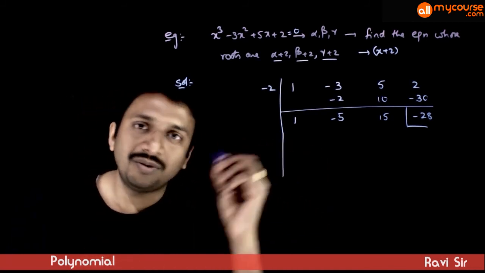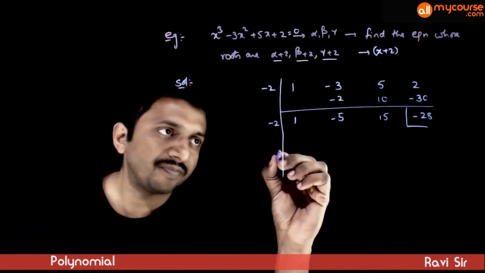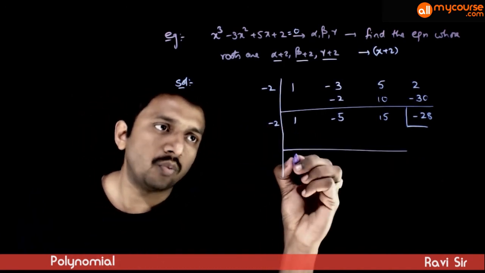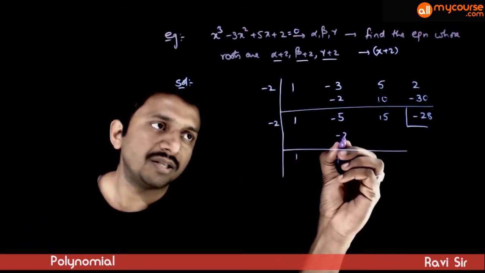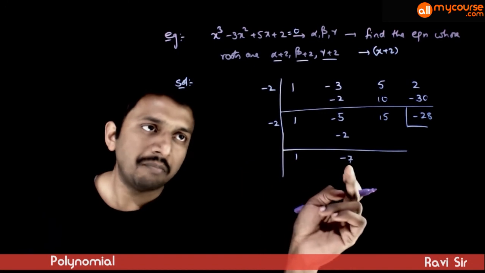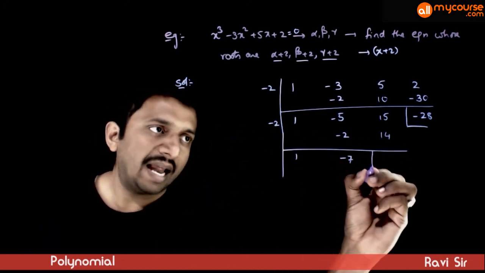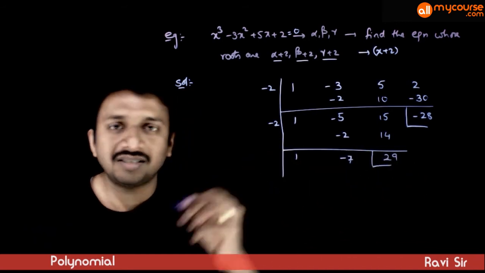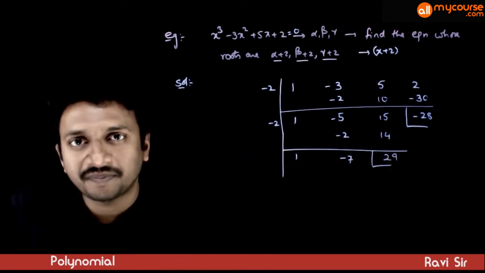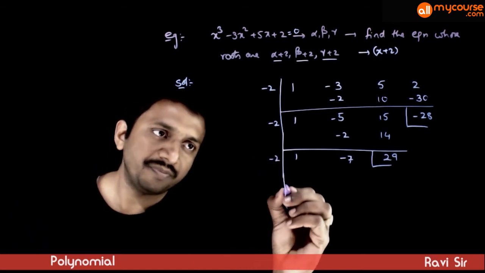Now let us continue this process again. Again let us divide with minus 2. 1 into minus 2 is minus 2. Minus 5 minus 2 is minus 7. Minus 7 into minus 2 is plus 14. And the remainder in the next stage is 29. Now let us continue the process. Again we'll divide with minus 2.